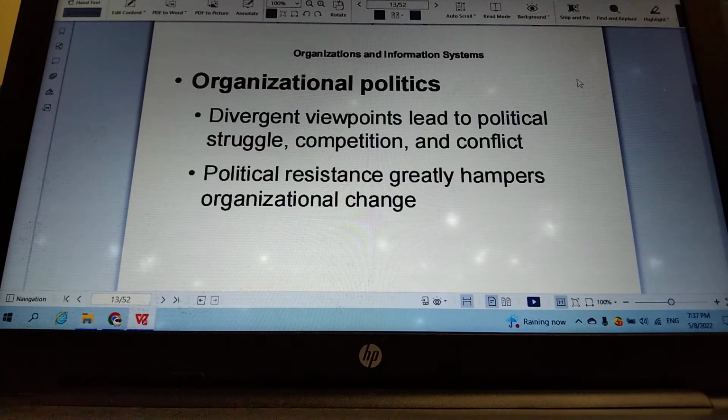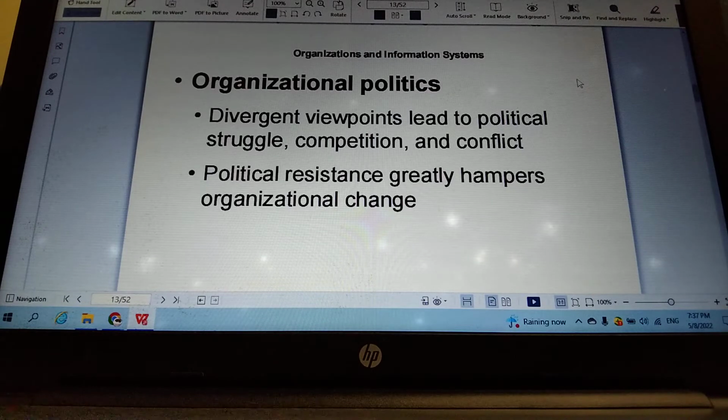Political resistance greatly hampers organizational change. Not everyone in the company will be directly involved in this, maybe indirectly, but most of the time the top management or the senior management will be directly involved, and they also have impact on this aspect.